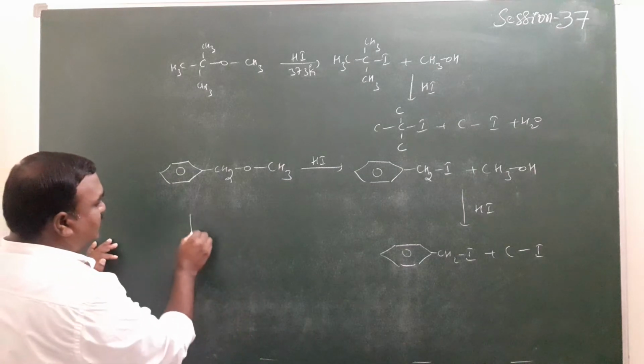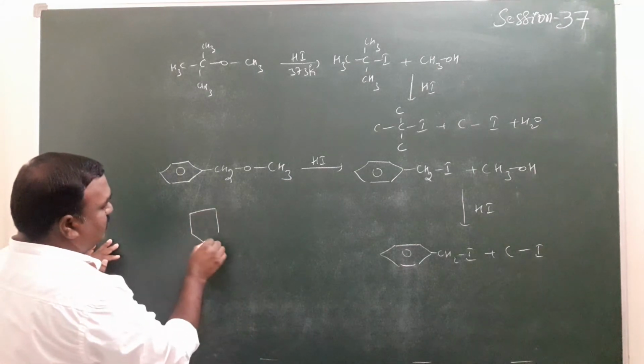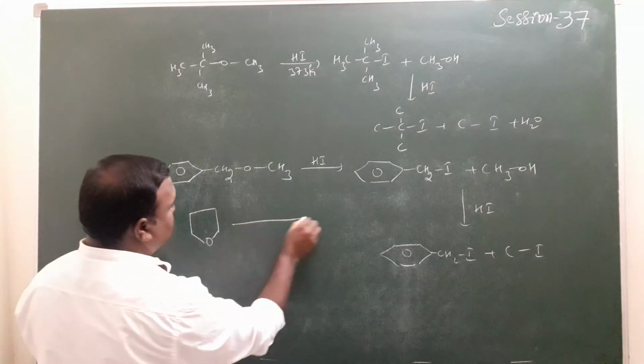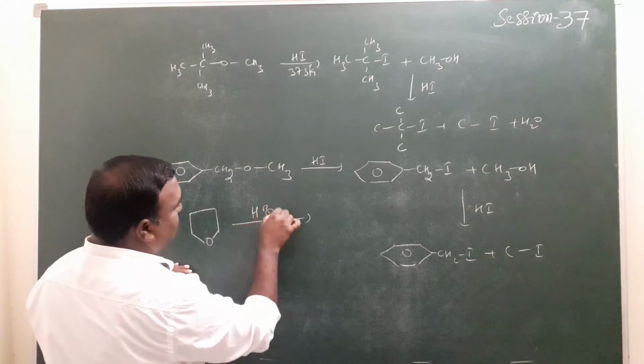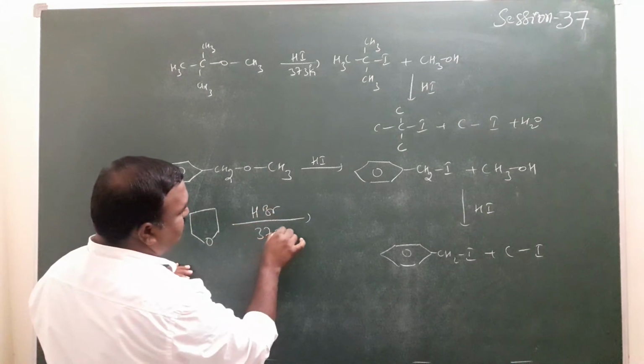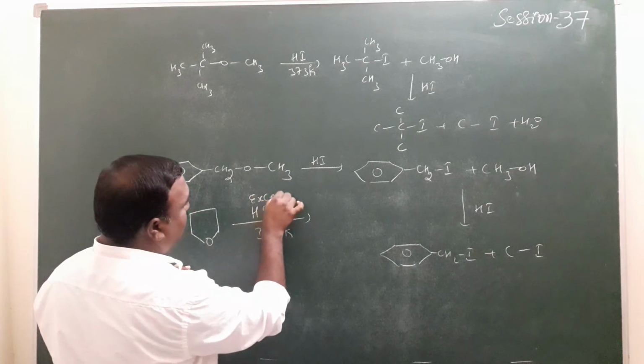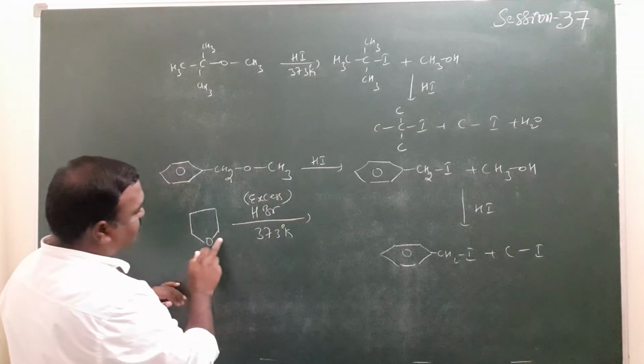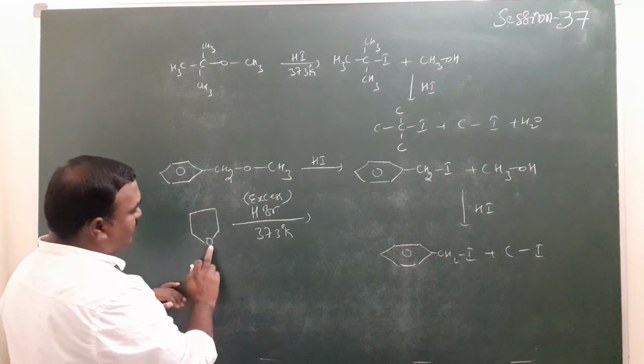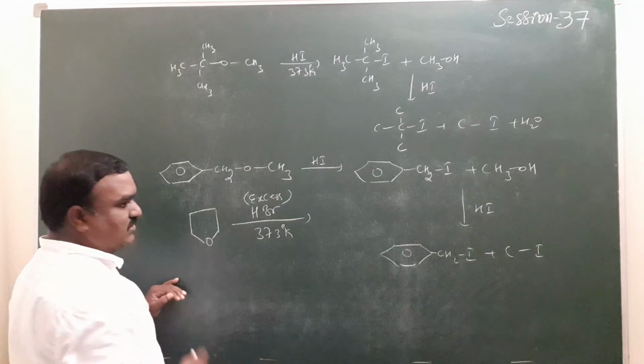Suppose we take a cyclic ether. Here HBr is given, HI is given, at 373 Kelvin temperature. Here excess of HBr, 2 moles. In the first step, cleavage is possible in between the carbon and oxygen.